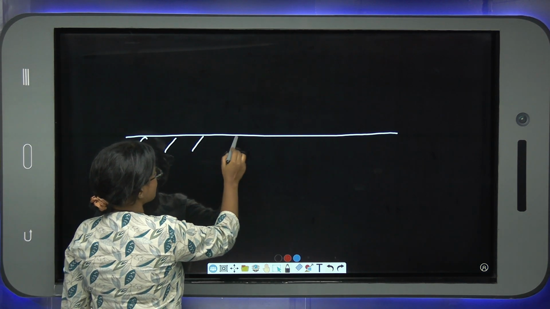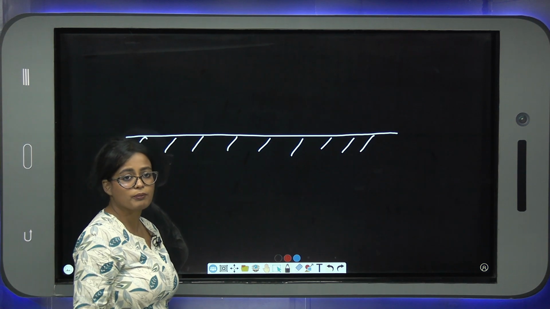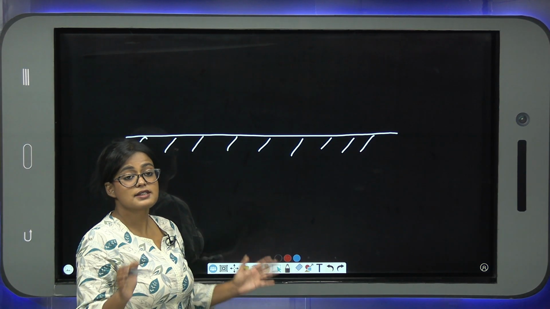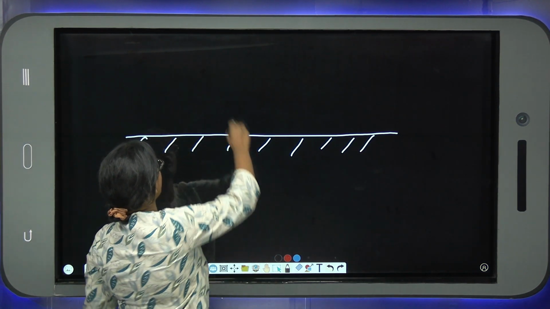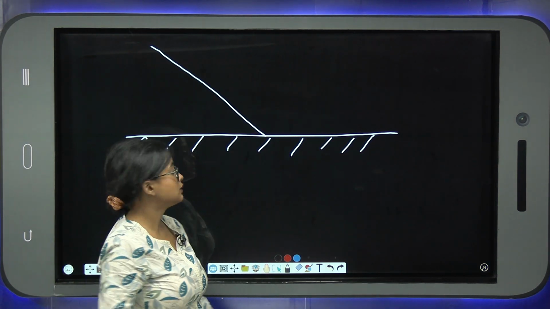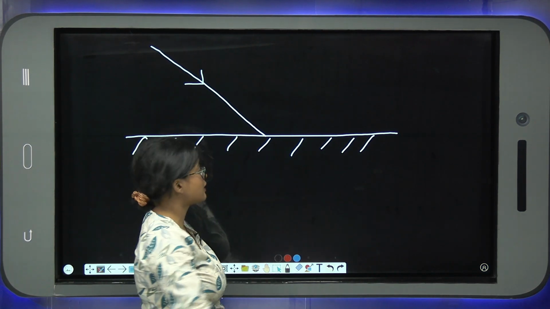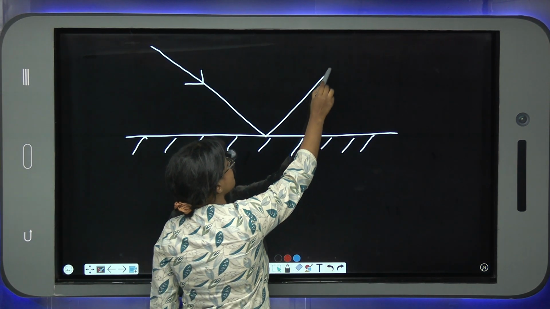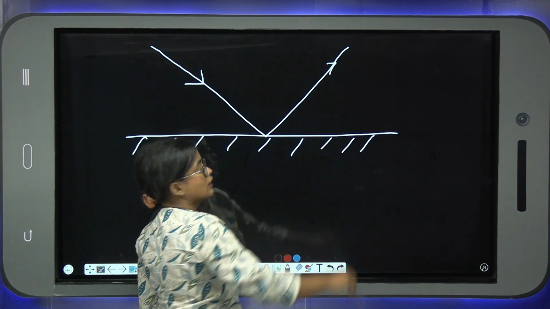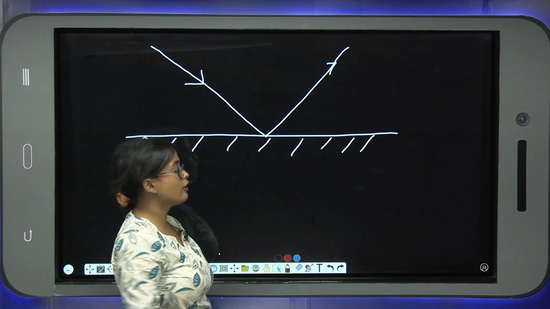Imagine this to be a surface. In a similar way to how a ball bounces off from a ground, light also bounces off the surface it falls on. When the light falls on a surface, it bounces off. Suppose there is no surface here, then where will the ray of light go?